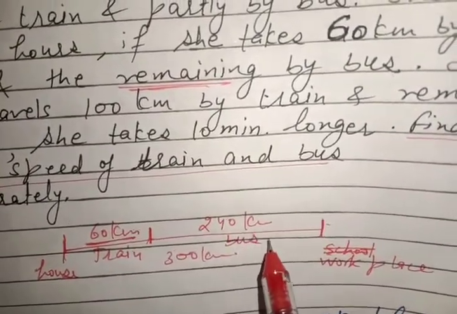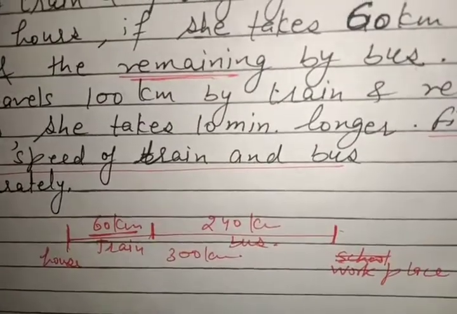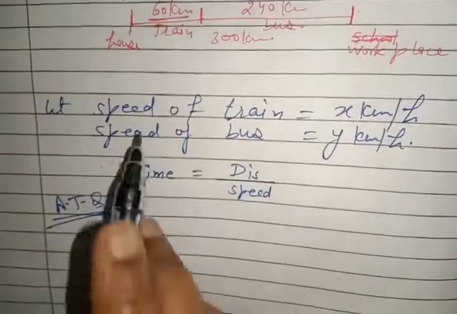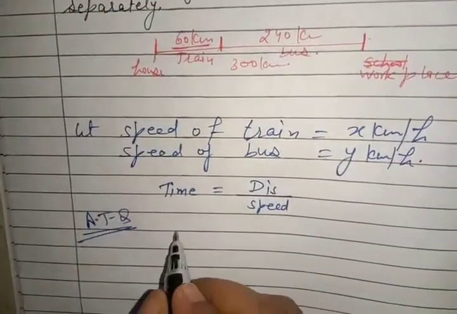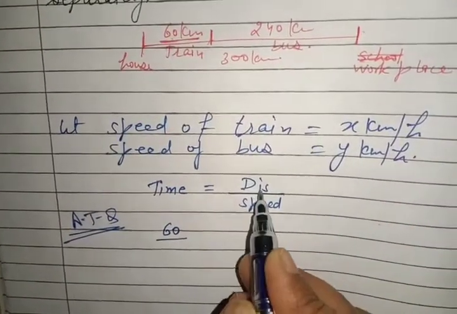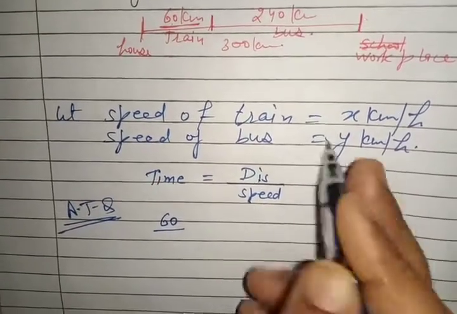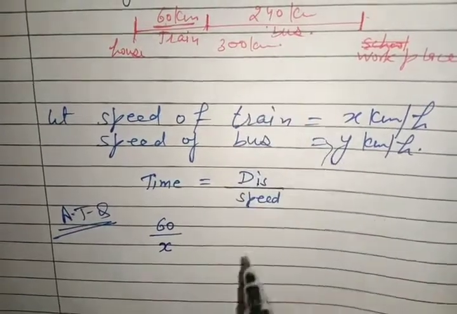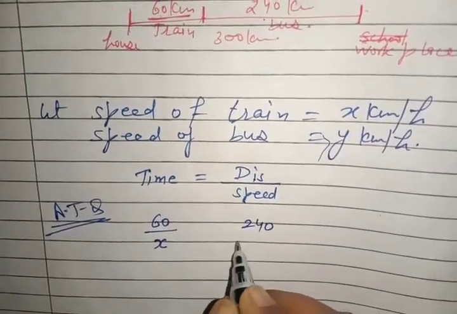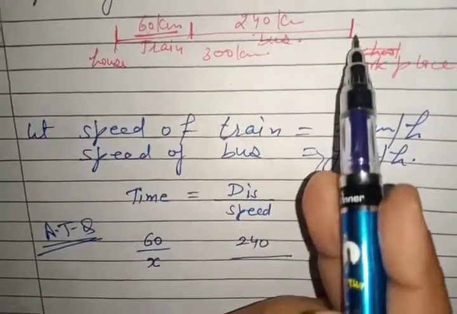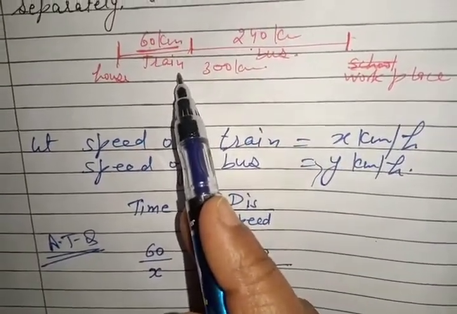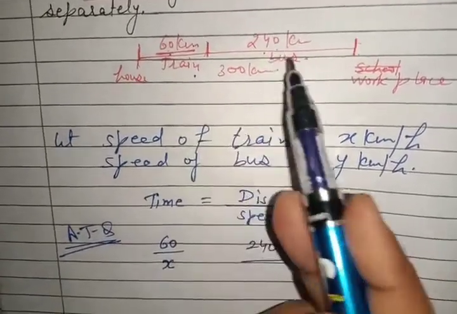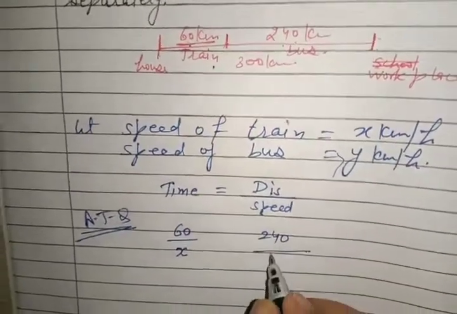So according to the question, in the first case, 60 km distance is covered by train, and the speed of the train is x. And the remaining is 240, because the total is 300. 300 minus 60, 240 km she covers by bus.